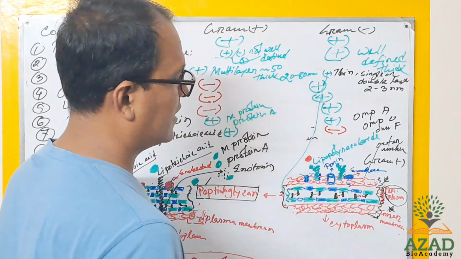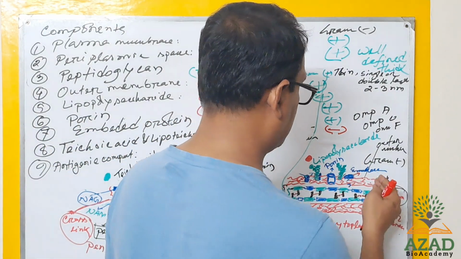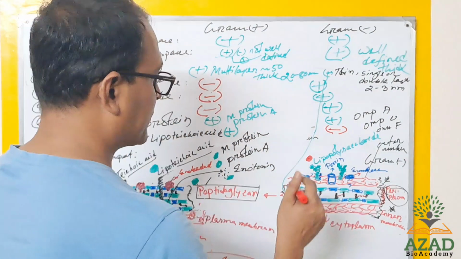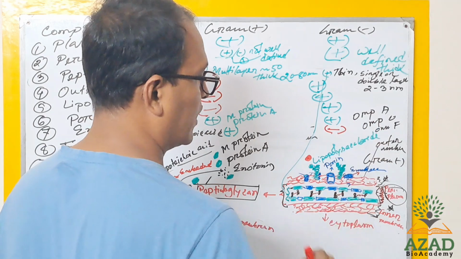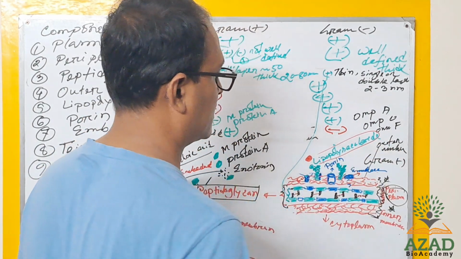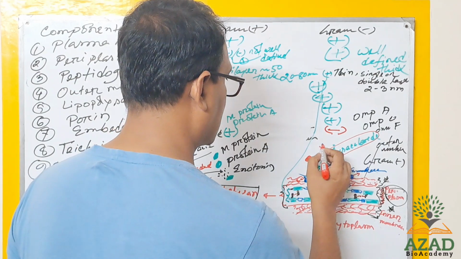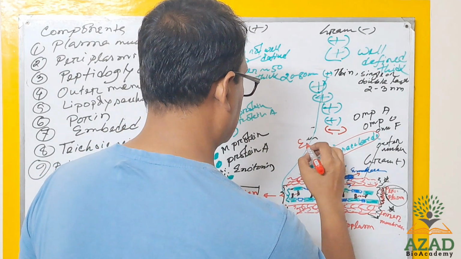Already I said lipopolysaccharide is an integral part of the outer membrane of gram-negative bacteria, and lipopolysaccharide is lipid, saccharide, and O antigen. So this is highly antigenic. Okay, lipopolysaccharide, and the part of lipopolysaccharide is called endotoxin.